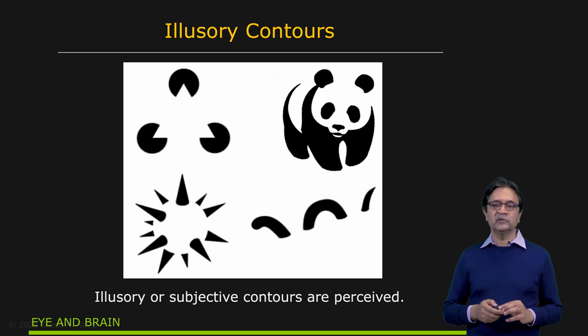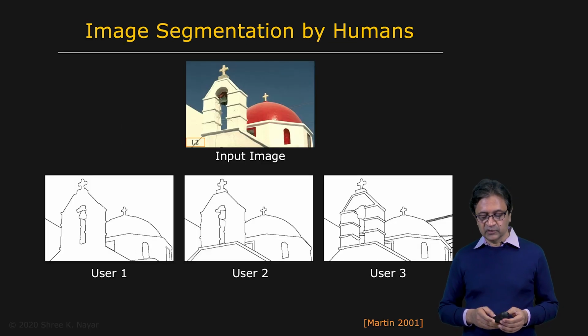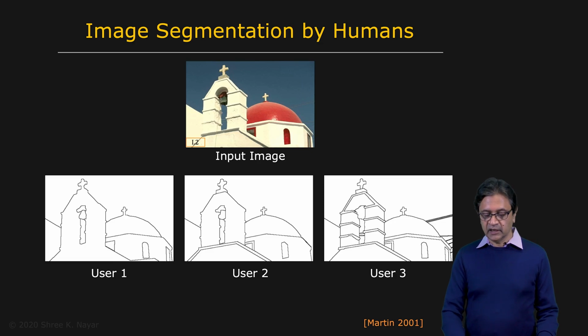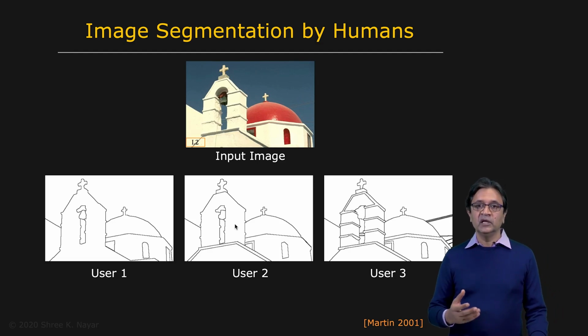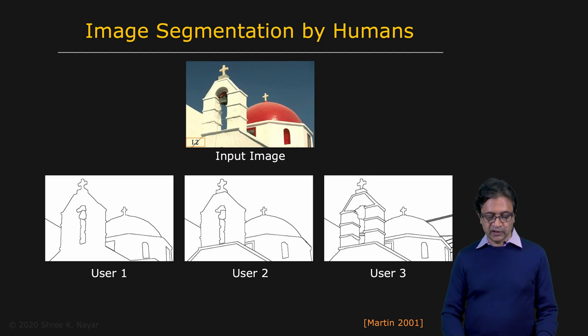And finally, the point that I want to make, and this is some work that was done by Martin et al. at Berkeley, is that image segmentation is highly subjective by humans. So here's an image, and these are three different people that were asked to come up with meaningful regions or segments in these images.